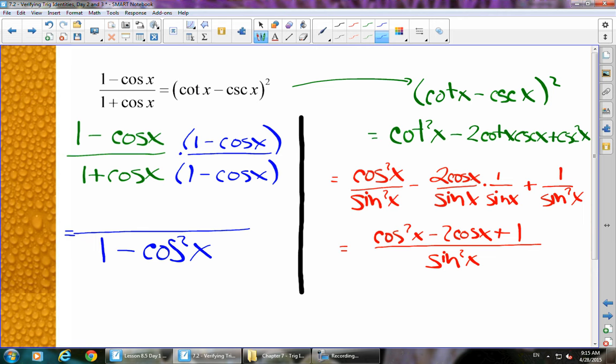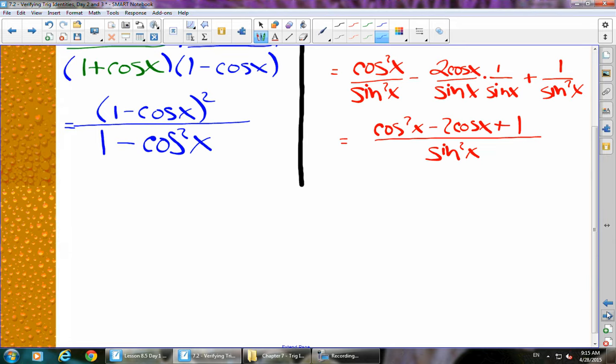On the top now, notice what I have here. I now have 1 minus cosine x quantity squared. And if you're a puzzle person or if you're starting to get this, hopefully you can see where this is going. You could probably make the case that you're done here, but I'm going to make one bridge step.